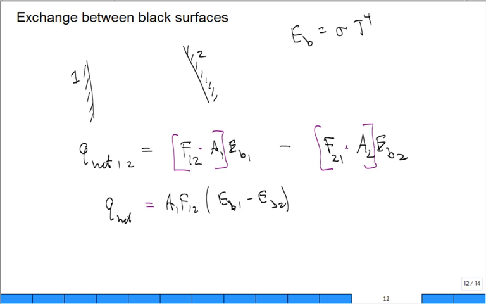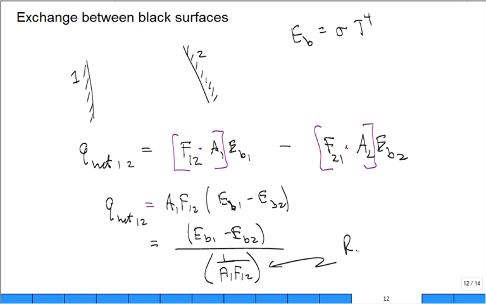So the net heat transfer from 1 to 2 is equal to this equation. Well, we just think about the electric resistor analogy. We say, what drives the flow? A difference in the black body emissive power divided by some resistance. And that resistance is given a name. We'll call that resistance the radiative resistance, due purely to the geometry between the two surfaces.